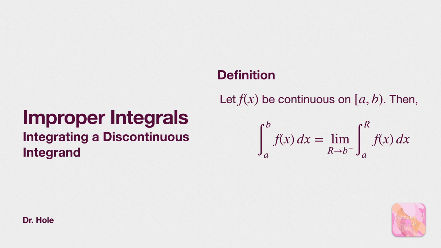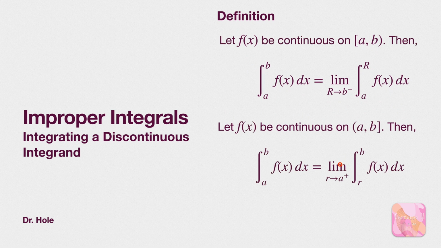Well, we do not need to have any further information about the behavior of f at b. We're saying that this definite integral will be obtained by a limit of definite integrals where that placeholder moves up towards b. Good.